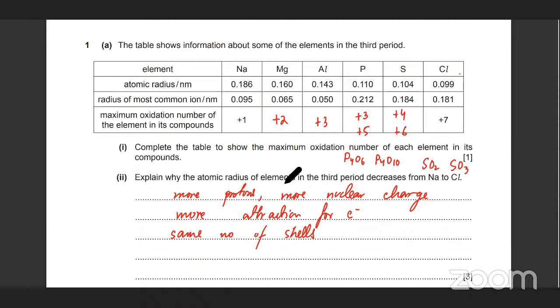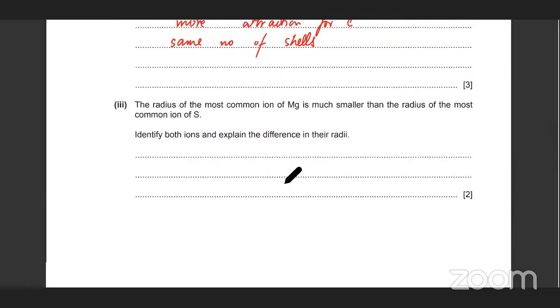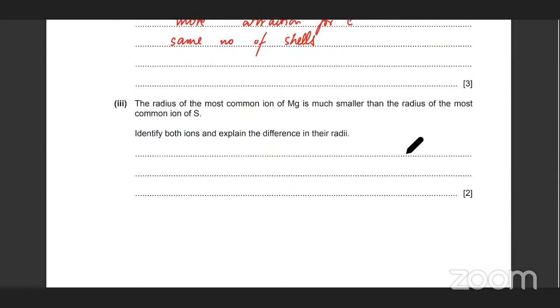Then it says the radius of the most common ion of Mg is much smaller than the radius of the most common ion of S. So why is Mg smaller? The Mg ion has one less shell. So it loses the shell completely. Mg's outer 2 electrons go away, so it loses the shell.